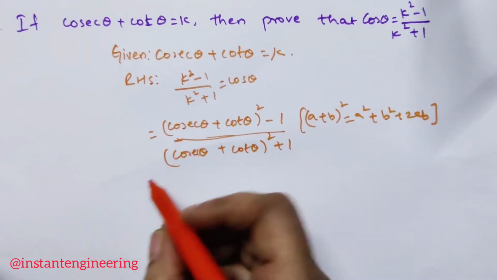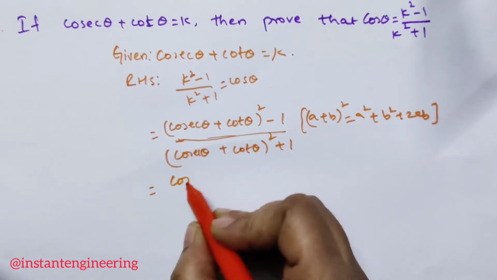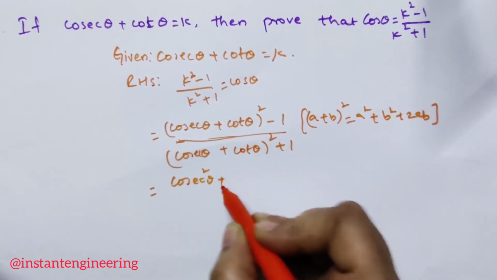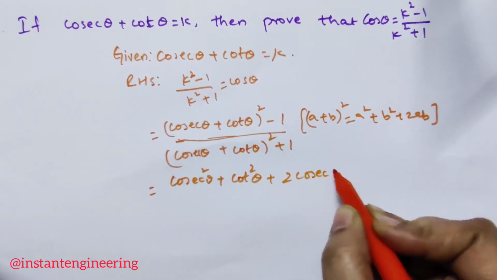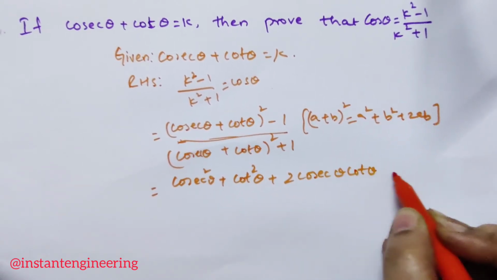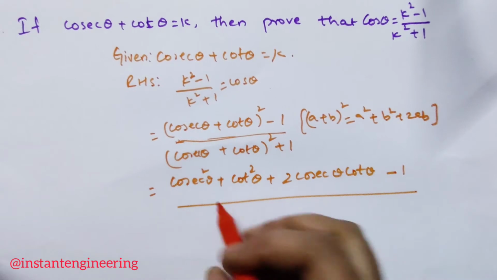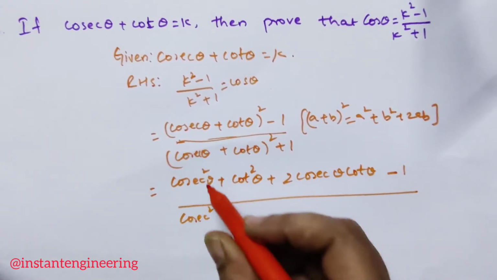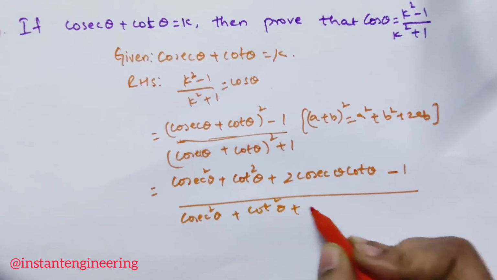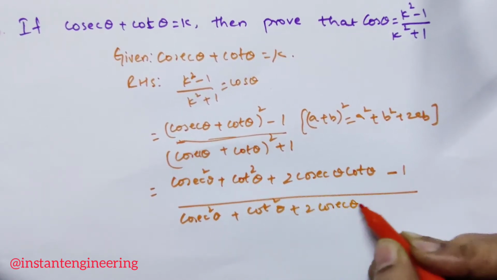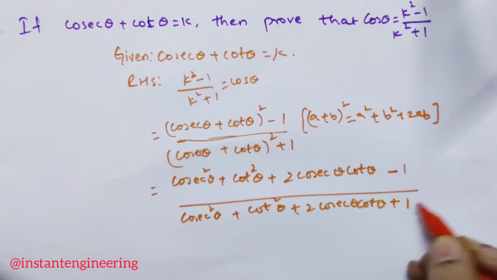So you can write it as cosecant square theta plus cot square theta plus 2 cosecant theta cot theta minus 1, divided by, again, cosecant square theta plus cot square theta plus 2 cosecant theta cot theta plus 1.